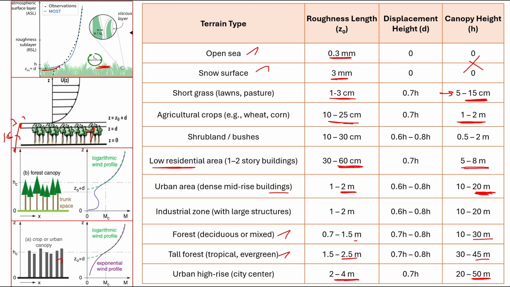So they measure the overall canopy height for the different terrains, and what the Z0 is, everything.